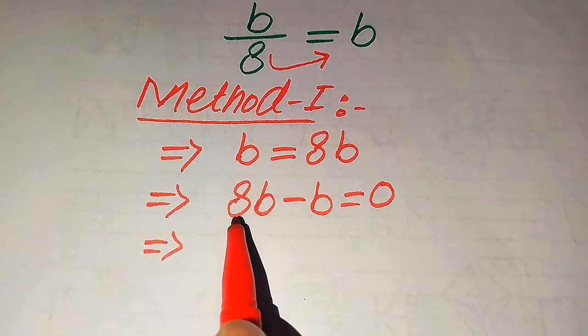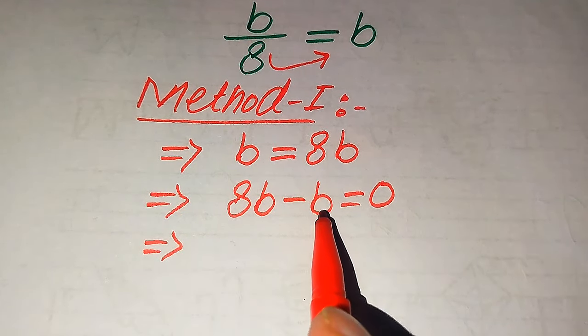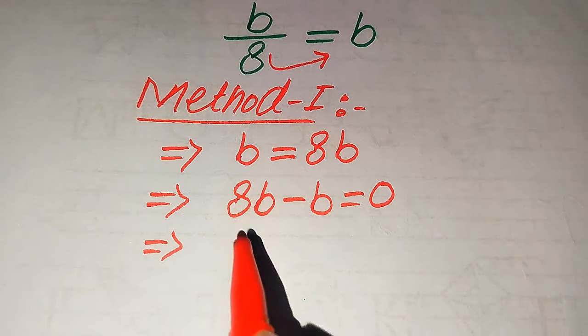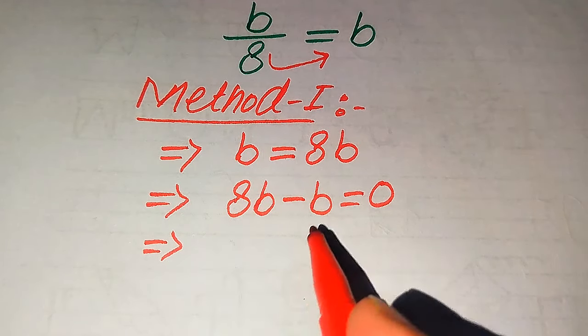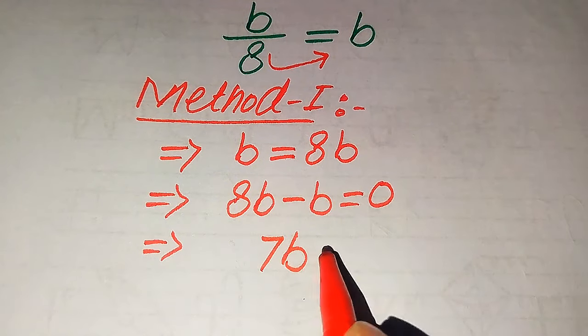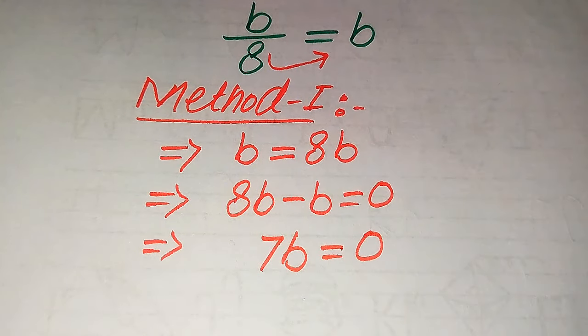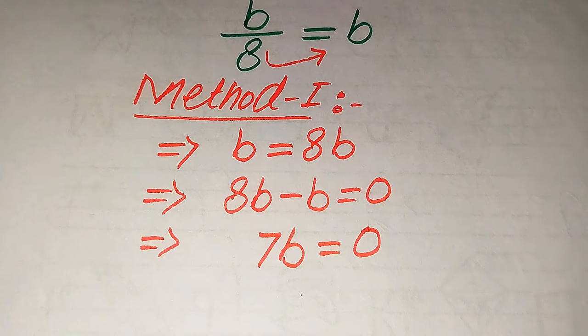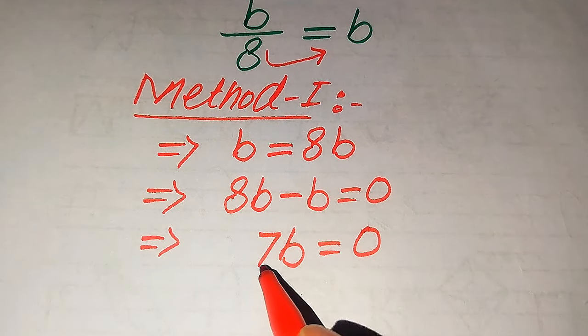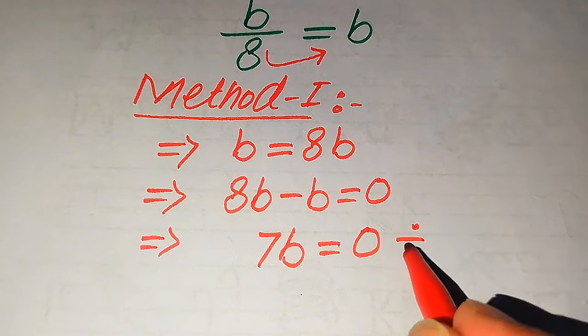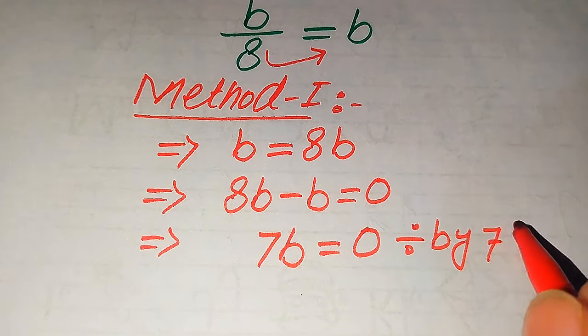So the coefficient of this term is 8 and the coefficient of this term is -1. So we subtract 8 minus 1, and we obtain 7 times b is equal to 0. And further, for the values of b, we need to remove this 7 from the left hand side.